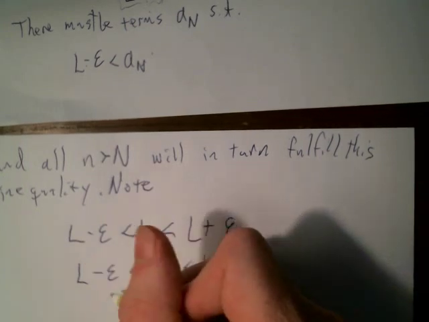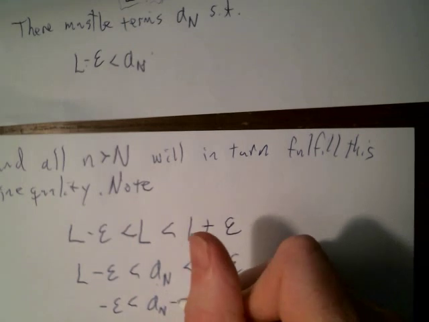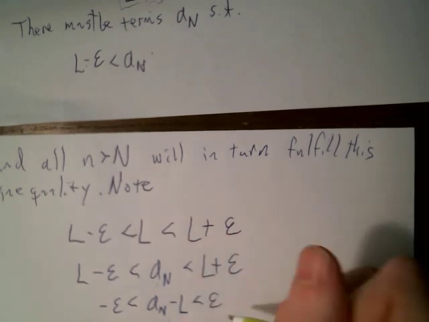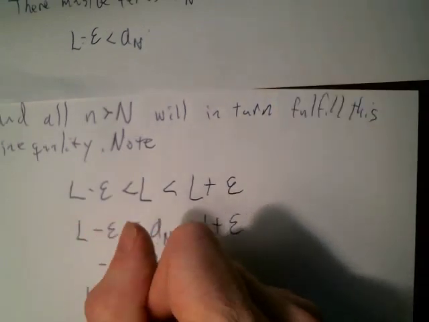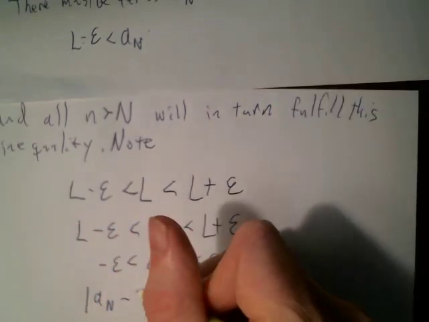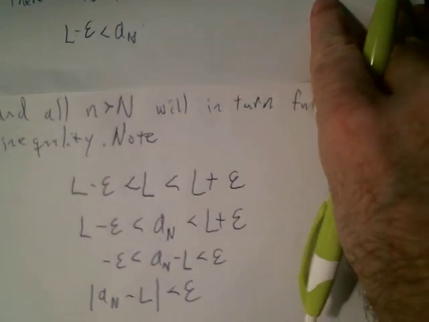We could subtract L from all three sides of this inequality, and then we get A sub n minus L less than epsilon. And then we could rewrite that as an absolute value. So we'll say the absolute value of A sub n minus L will be less than epsilon. Right? And then we kind of have it.